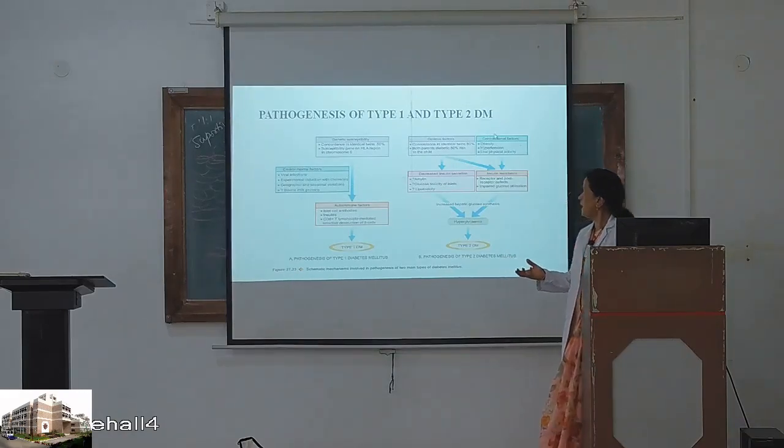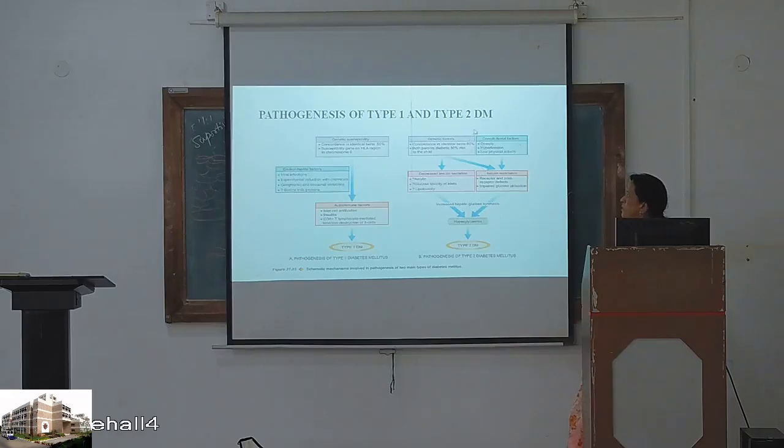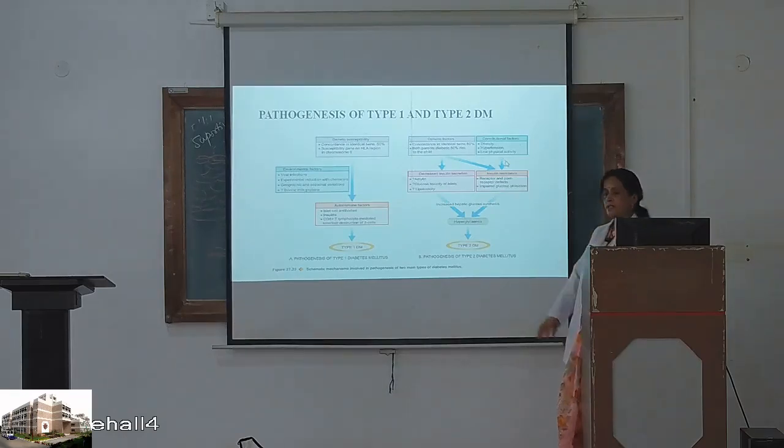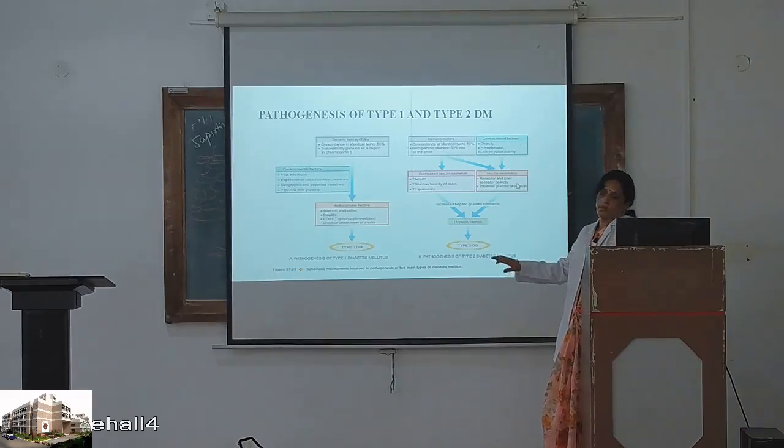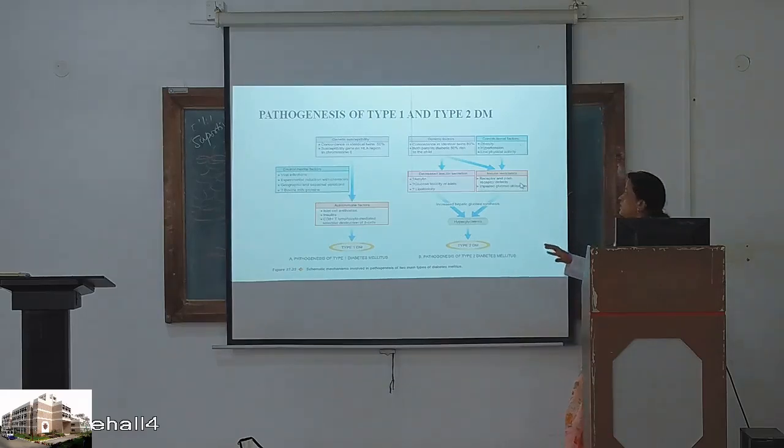So when we look at type 2, these are constitutional. So we say environmental factors, constitutional factors: obesity, hypertension, low physical activity. Obesity itself can give rise to all these other complications. Then concordance in identical twins is 80%.